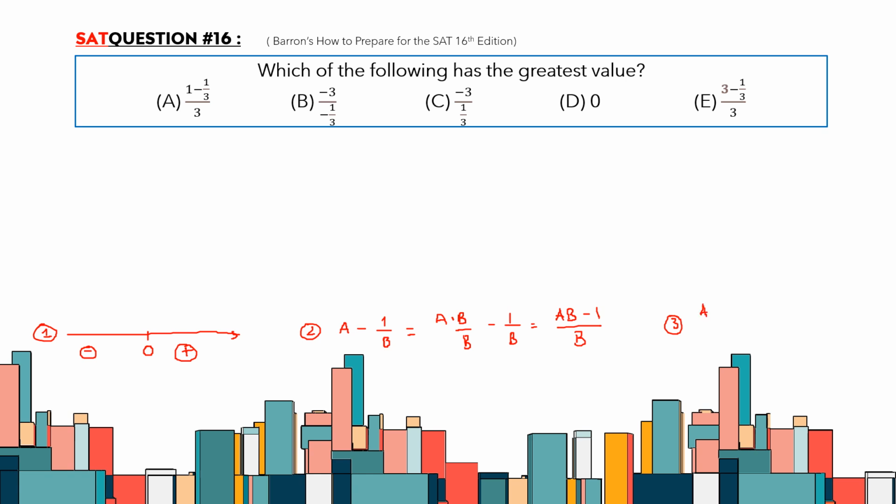For example, if I have A over B divided by C, it's the same thing as A over B multiplied by the reciprocal of C, so it will be 1 over C. Or another example is if I have A over B divided by C over D, it's the same thing as A over B multiplied by D over C, the reciprocal of it, and it will be A multiplied by D over B multiplied by C.